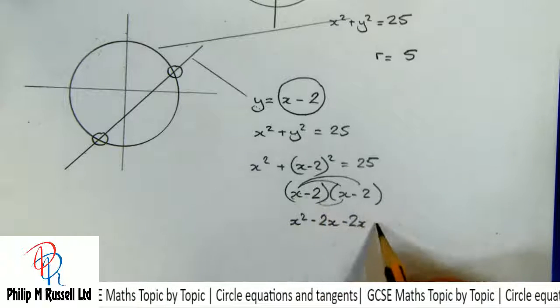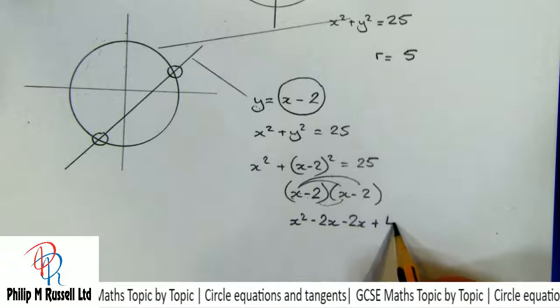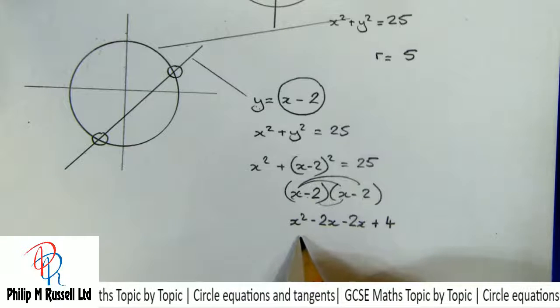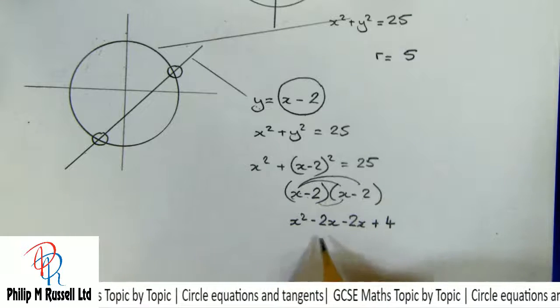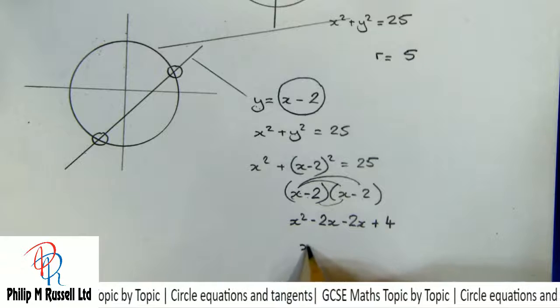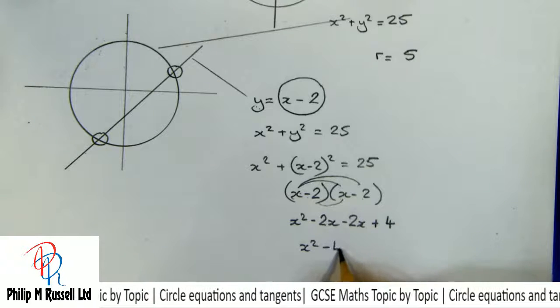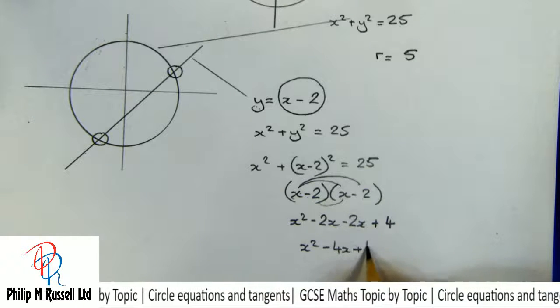And minus 2 times minus 2 is going to give me plus 4. So that's going to give me x squared minus 4x plus 4.